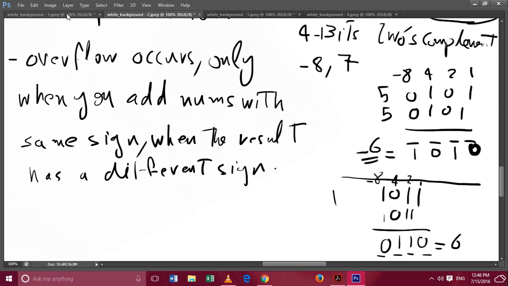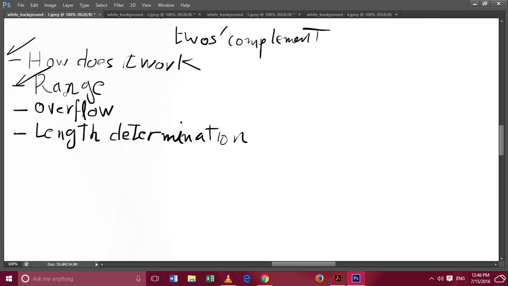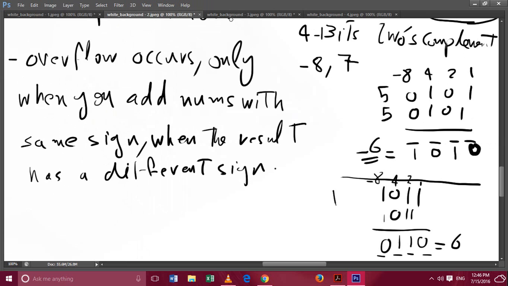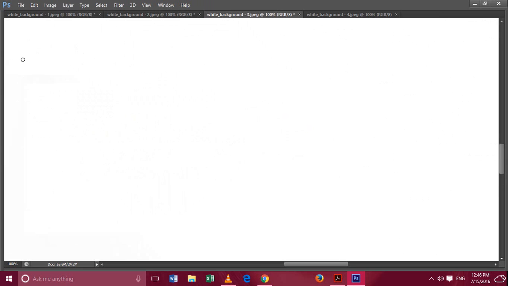Okay, so we've covered this point. So we are done with talking about overflow. This is going to take us to our last point, which is length determination. And to talk about length determination, we're going to very quickly cover a mathematical function. There is a function in math that is called the ceiling.